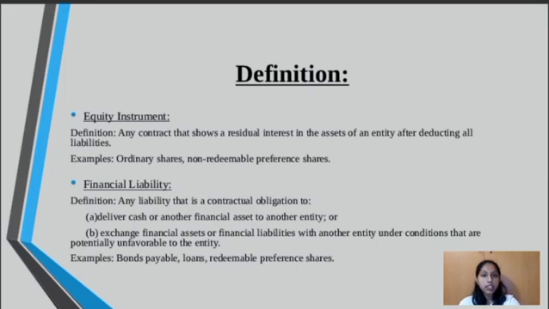A financial liability is a contractual obligation to deliver cash or another financial asset to another entity, or to exchange financial assets or financial liabilities with another entity under conditions that are potentially unfavorable to that entity. Examples are bonds payable, loans or redeemable preference shares.